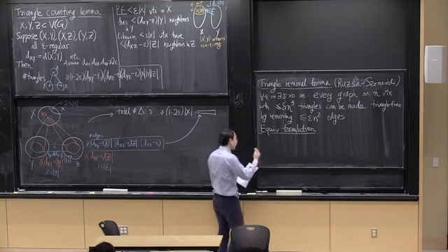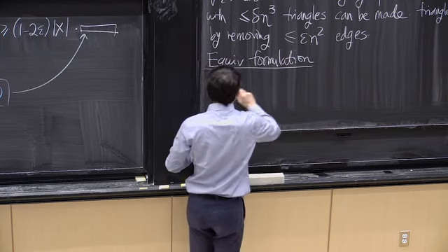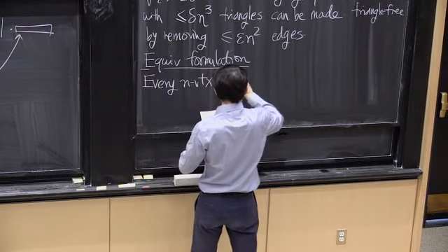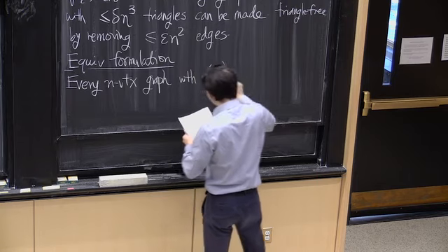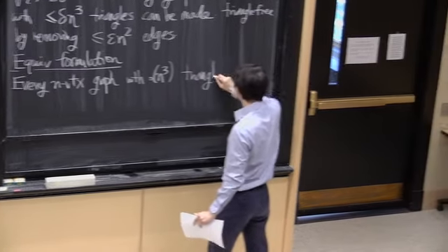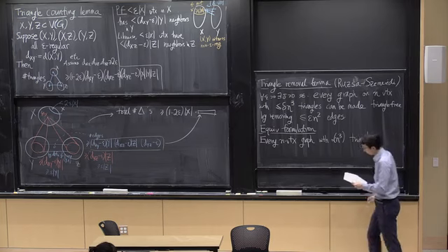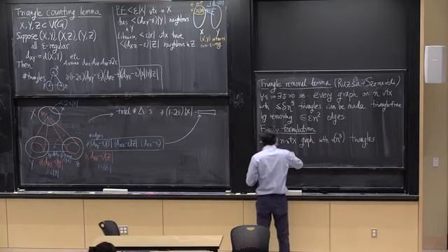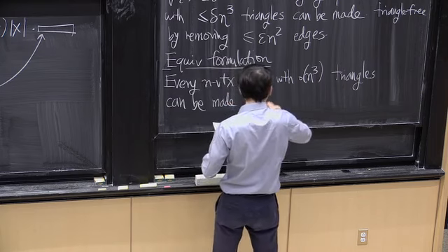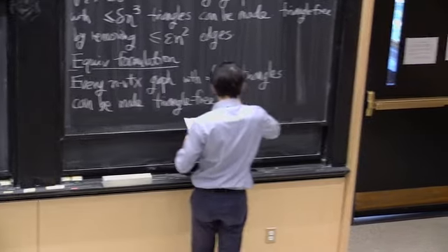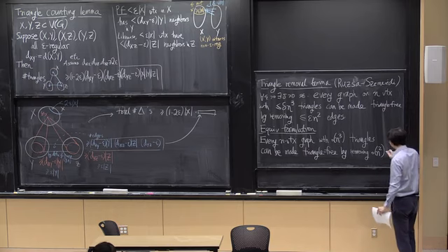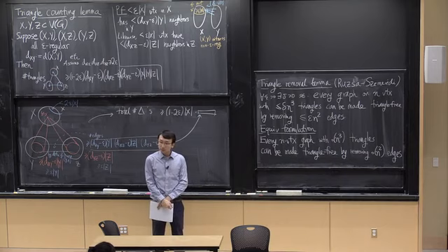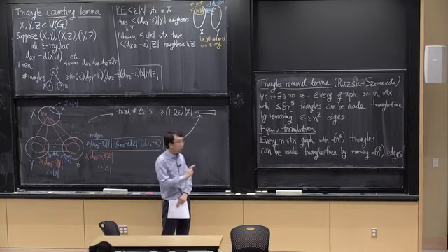So the triangle removal lemma can be equivalently stated as saying that every n-vertex graph with a subcubic number of triangles, so little o of n cubed triangles, can be made triangle free by removing a subquadratic, namely little o of n squared, number of edges.